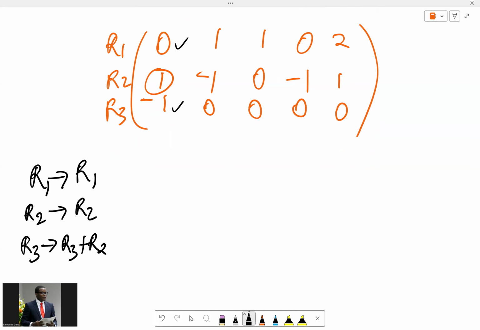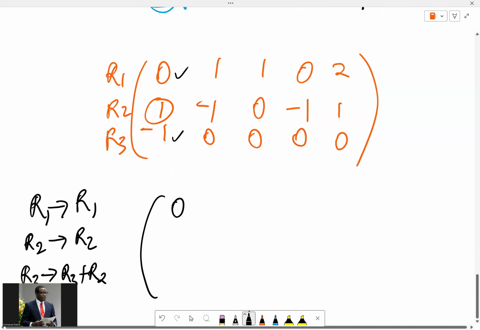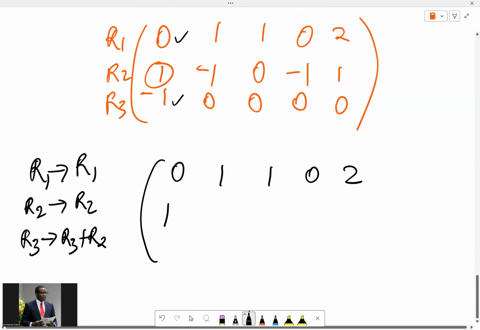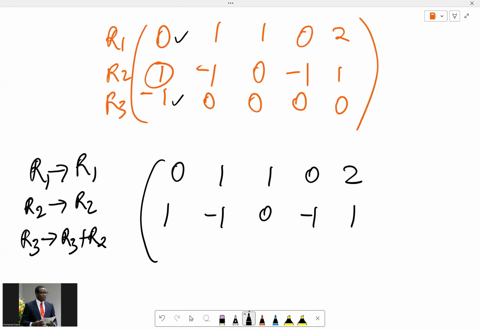So that -1 plus 1 can give you 0 because we actually need that to be 0. So if you do that now, see what happens. So we have 0, 1, 1, 0, 2, and then we have 1 minus 1, 0 minus 1, 1. And here we have -1 plus 1, 0. 0 minus 1, that's -1. 0 plus 0 is 0. 0 minus 1 is -1. 0 plus 1 is actually 1 also.